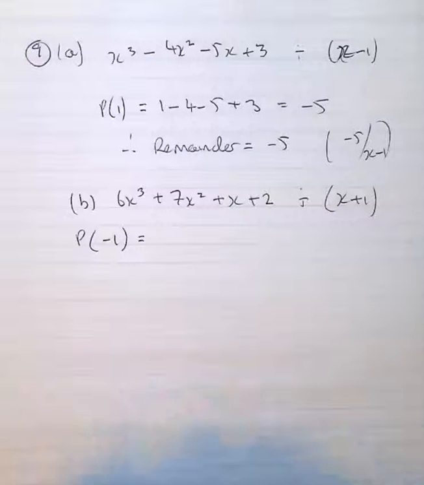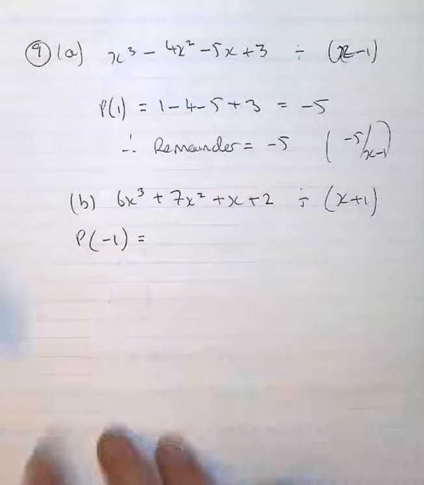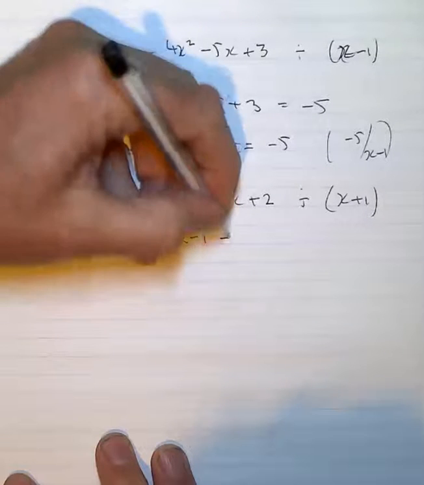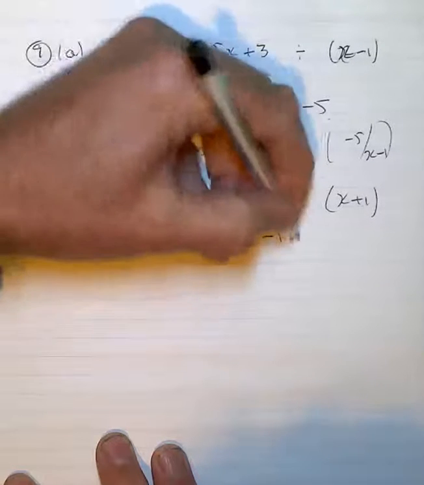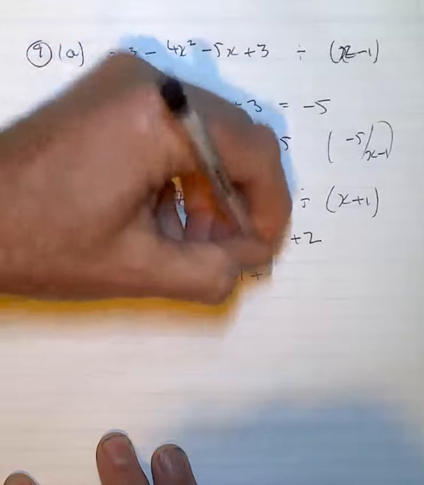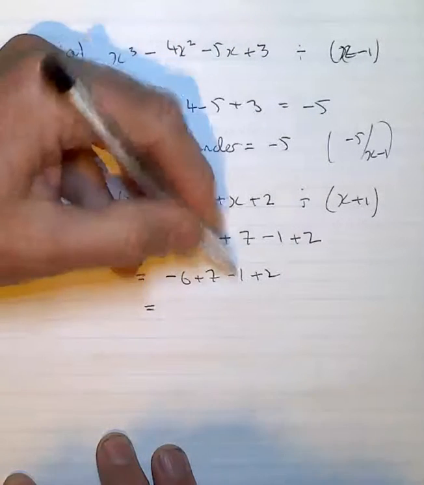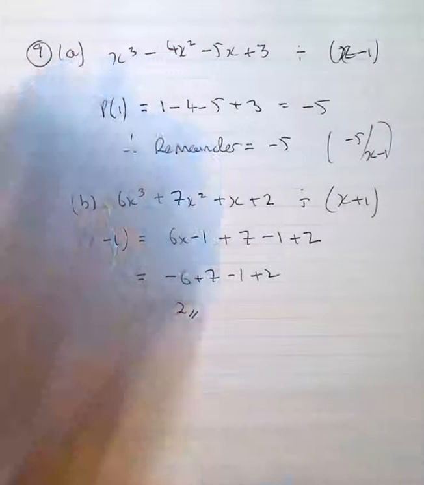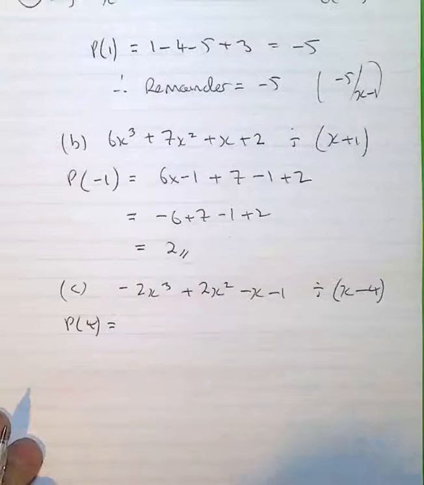Next one, I'm checking x plus 1, which means I'm substituting in -1. Which gives me 2 as my remainder there.